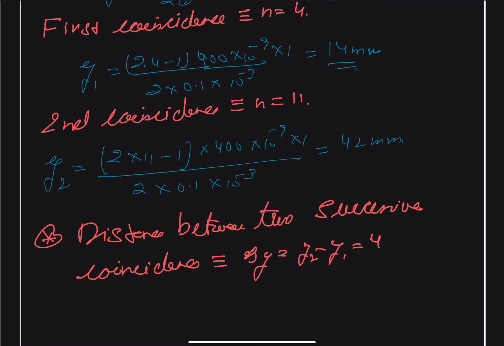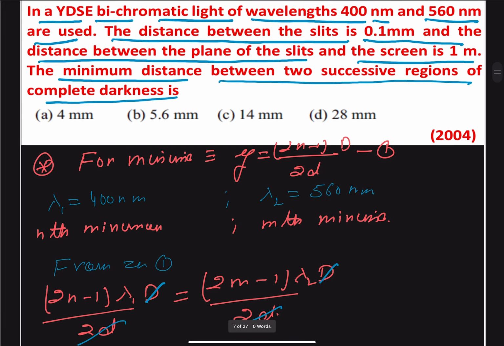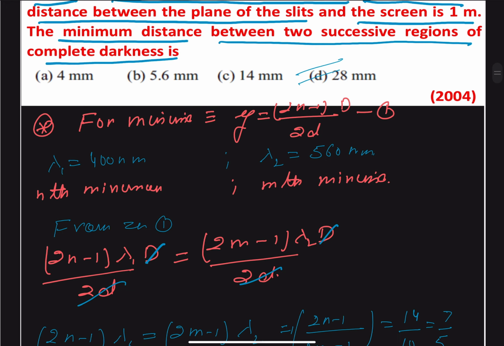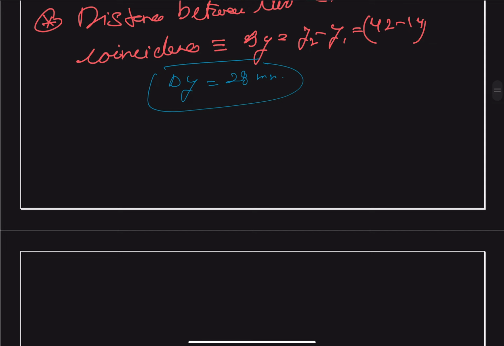So we get 42 minus 14. So this gives us delta y equal to 28 millimeter. So option D is the correct one.